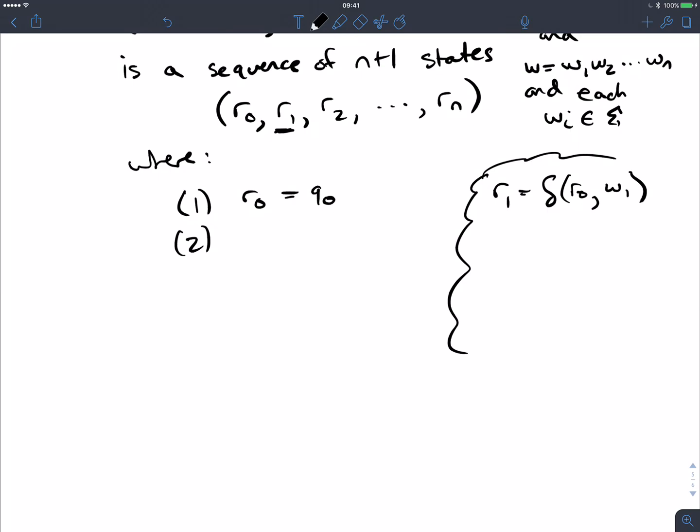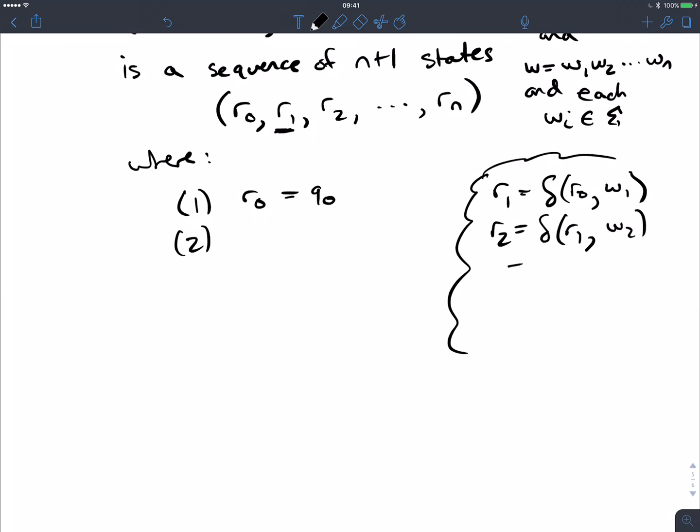Okay? How do I get R2? Yeah. So remember how we were computing before. I only needed to remember the previous state in order to know the next one. So the only information I need to get R2 is R1. And what character did I read to get there? Yeah, W2.